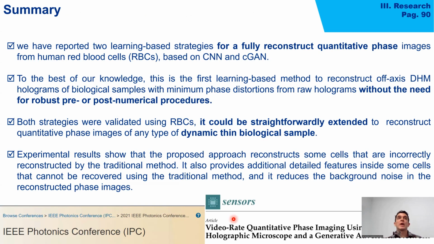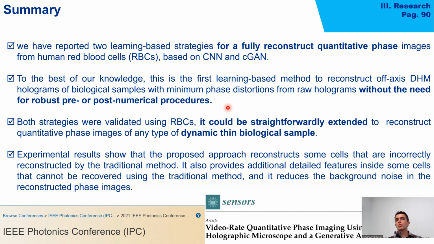So as a summary, we have reported two learning-based strategies to fully reconstruct quantitative phase images for human red blood cells using convolutional autoencoders as second models. To the best of our knowledge, this is the first learning-based method to reconstruct off-axis DHM holograms of biological samples with minimal phase distortion from raw holograms. Raw holograms means without the need of robust pre or post numerical processing.